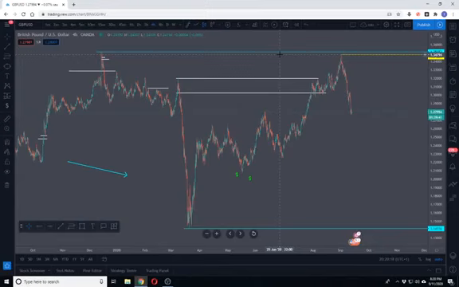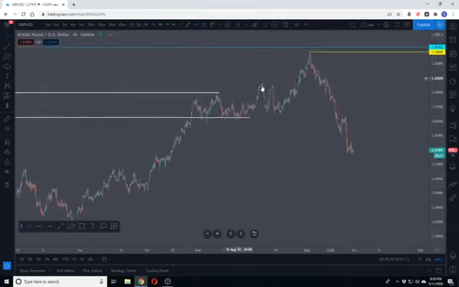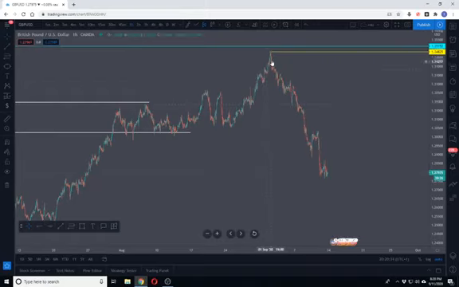As you can see, the market fills that inefficiency, moves above it, and then you have the lower time frame breaks of structure. And then eventually, there you've got your 1 hour breaker structure.